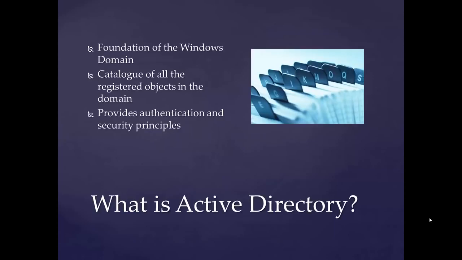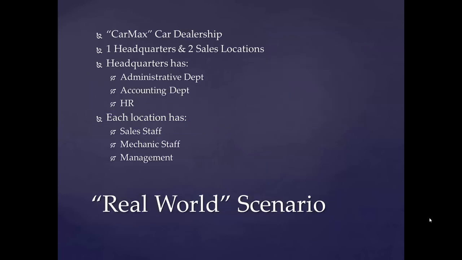Well, what is Active Directory? It is the foundation of the Windows domain. It's essentially a catalog of all the registered objects in the domain, and it provides authentication services and security principals that allow those users and computers to access the resources that they've been granted permissions to. So we're going to start with a real-world scenario.